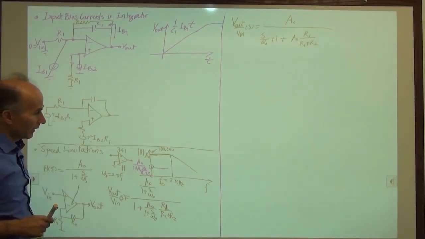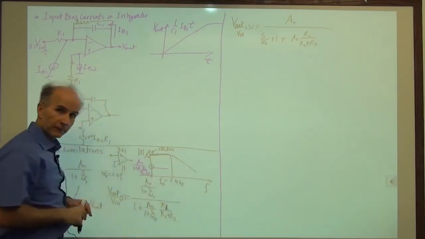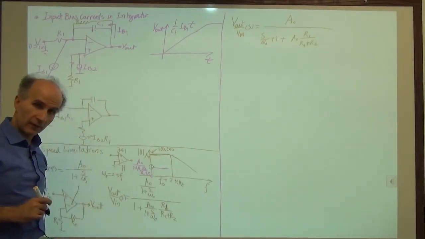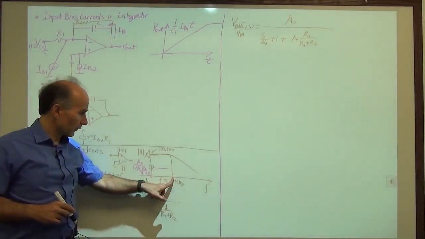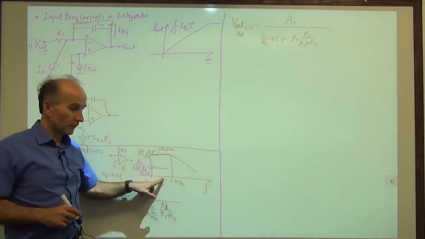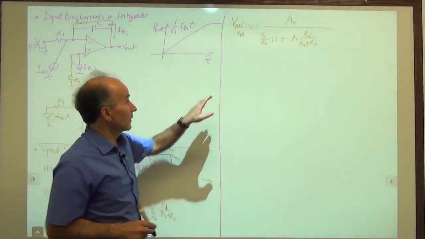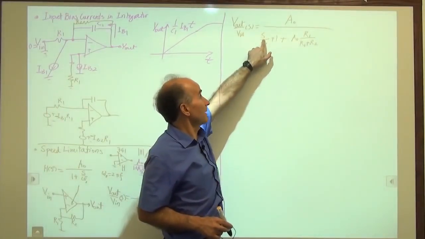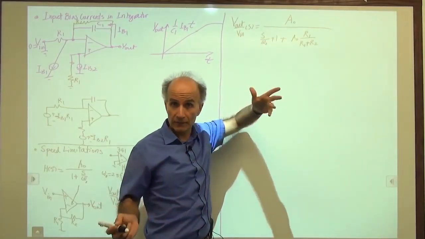All right, now, where is this roll-off point? Where does this begin to roll off? That's a very important result. Well, to do that, to find this roll-off point, I have to find the 3 dB bandwidth of the circuit, the pole frequency of the circuit. This circuit still has a single pole because this S has a power of 1. And to find the pole, we set the denominator to 0.